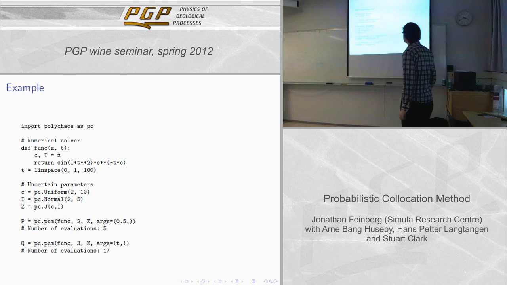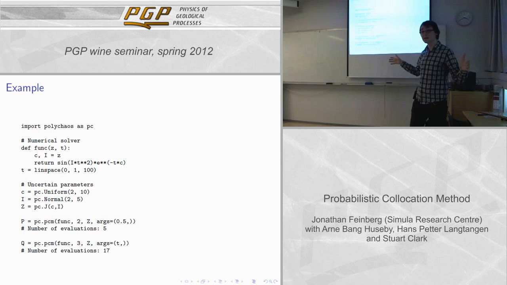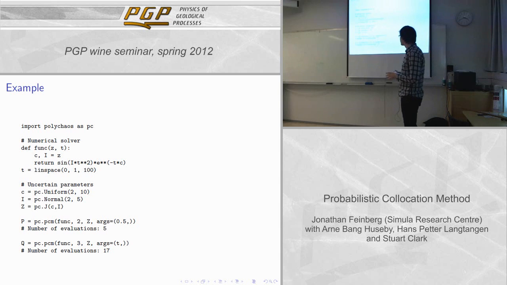Returning to the code example, I'm using a little different example there, but it's still the same idea here. You have some numerical function that evaluates over a certain domain, in this case, the time domain. We have two uncertain parameters, c and I, that defines the uncertain domain. I define them to be uniform and normal as before. I then do two analyses in this case.